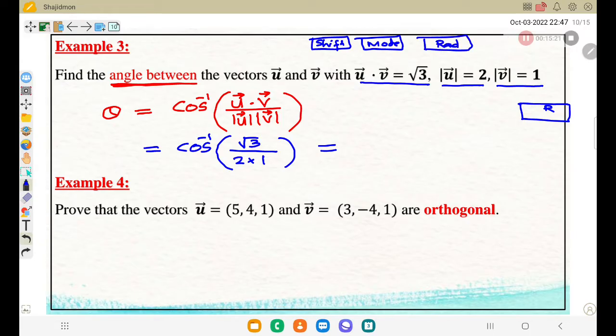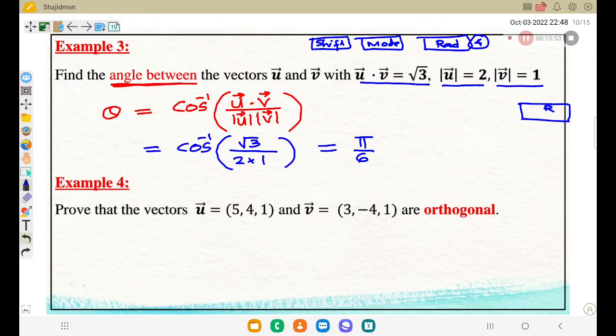Okay, shift mode 4, that means radian mode. Now I am doing it here in radian mode. So when we calculate this, shift cosine, that is cosine inverse, after that root 3 divided by 2. So what answer is it showing? Pi by 6, correct? Pi divided by 6. Hope you understood.